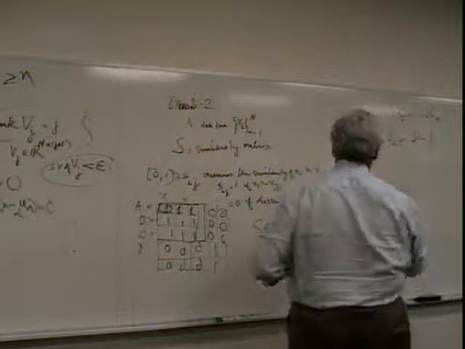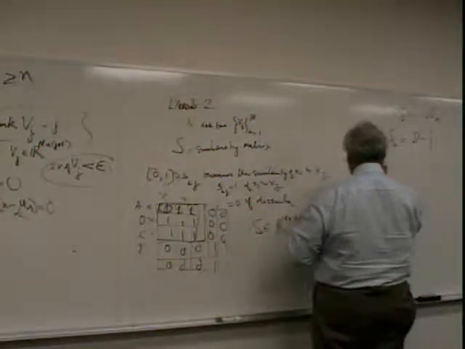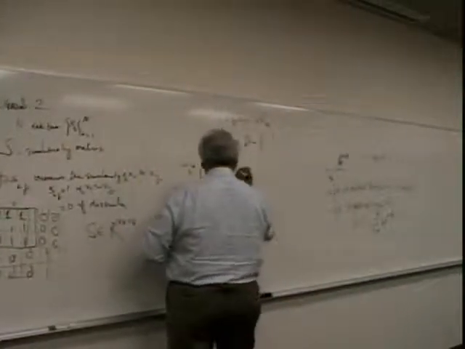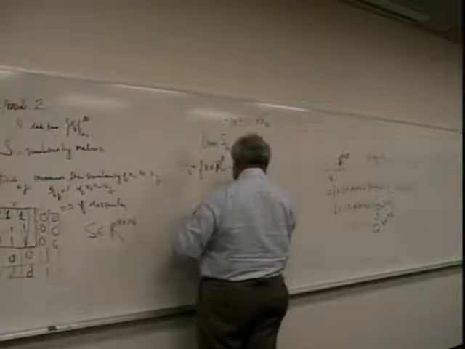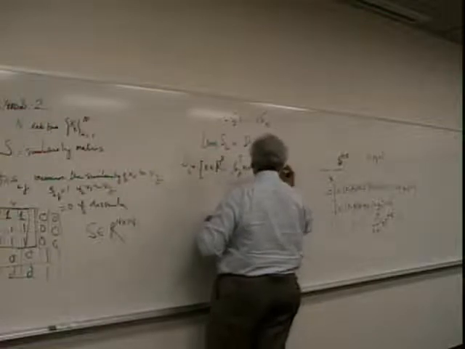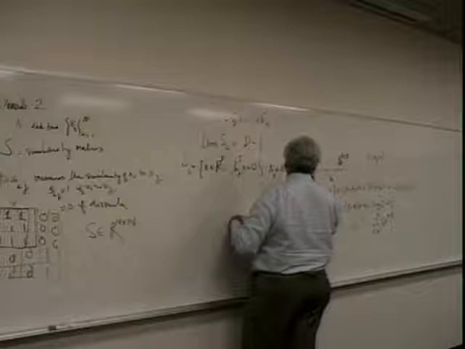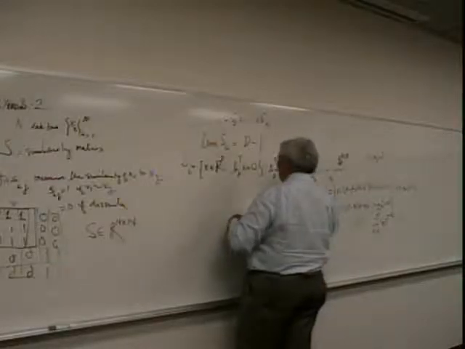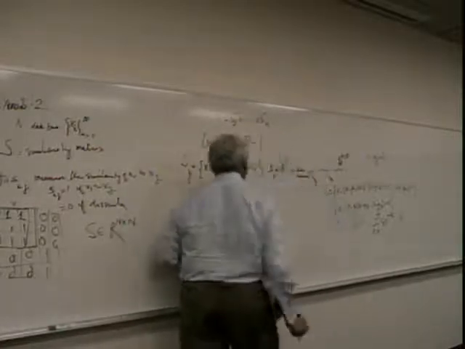So Sj is equal to the set of all x's in R^d where Bj transpose x equals 0, where Bj belongs to R^d is the normal vector to Sj.